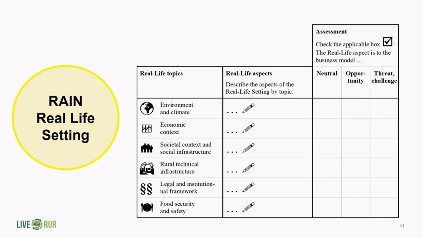Environment and climate, economic context, societal context and social infrastructure, rural technical infrastructure, the legal, institutional and political framework, and food security and safety. Each topic should be described qualitatively and quantitatively and assessed considering what they are to the business model: neutral, an opportunity, or a threat, challenge.